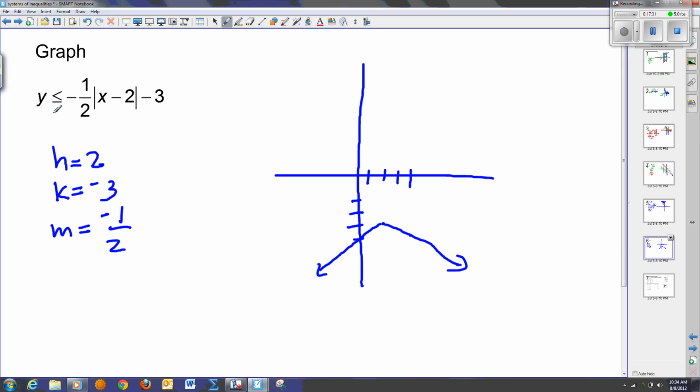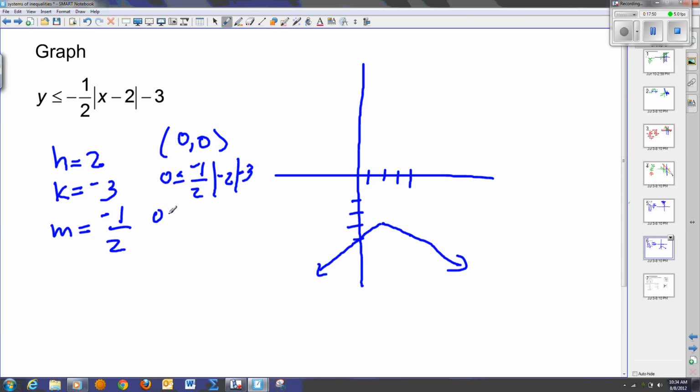And then I just have to use a sample point. Once again, I'm going to use 0 and 0. And that gives me 0 is less than or equal to -1/2 times the absolute value of -2 minus 3.